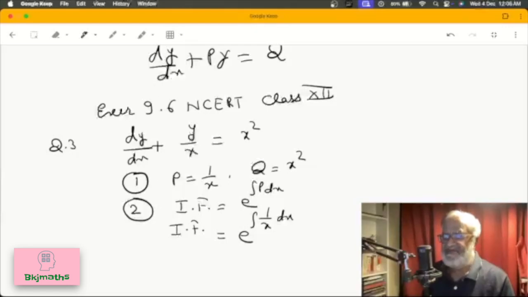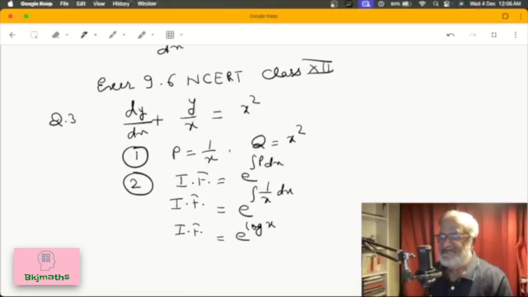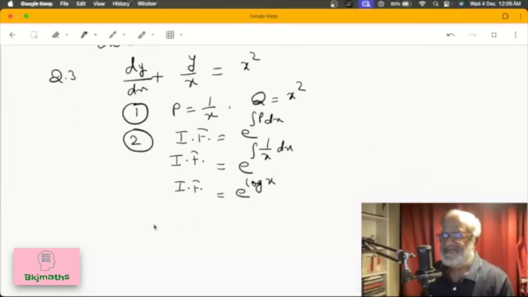Integration of 1 by x dx is log x. So e to the power log x. So the integration factor is e to the power log x, which is x.